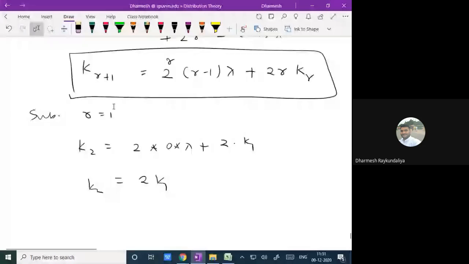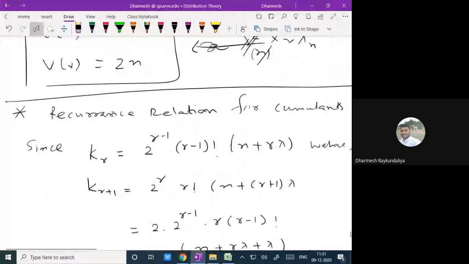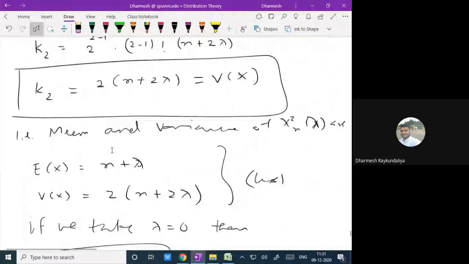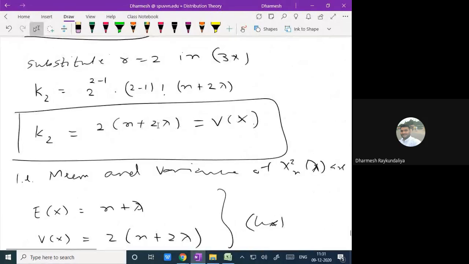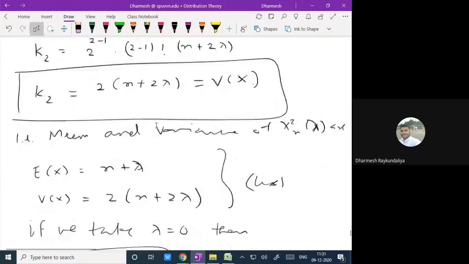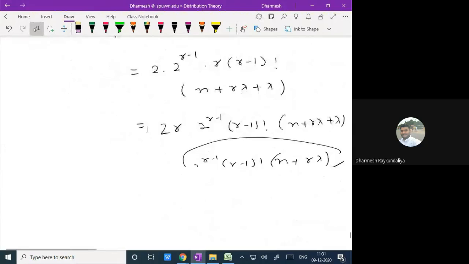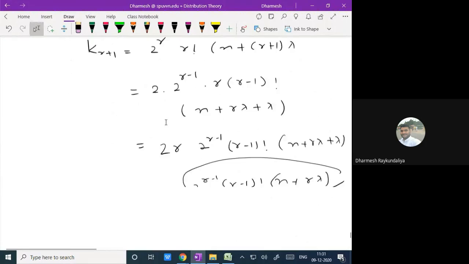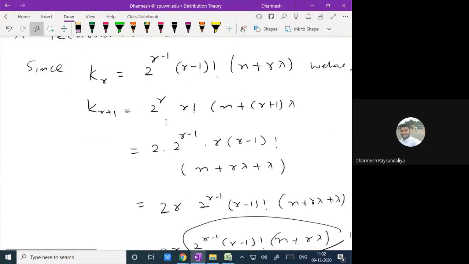Here K2 is not equal to twice k1, the lambda 2 is added. Something is missing. Any mistake from my side in the calculation? Yes, it is r lambda.